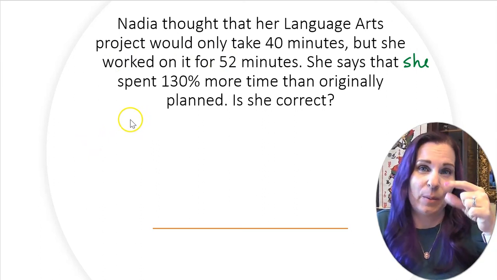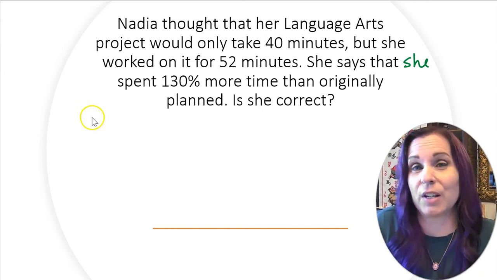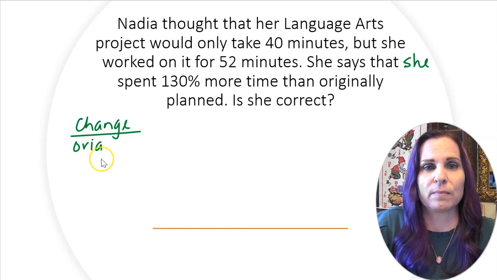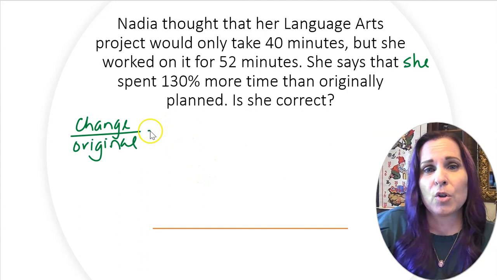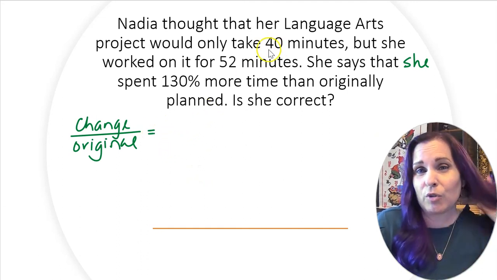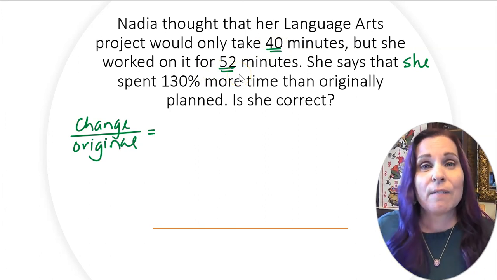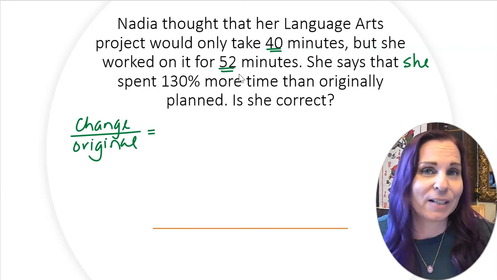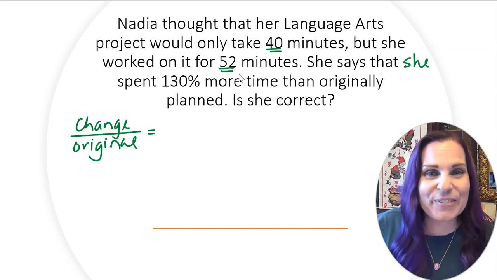We're going to find the amount of the change, right? This formula for percent of increase or decrease is going to be change over original, right? Change over original. So the amount of change here from 40 to 52, we would subtract those, right? 52 minus 40, I'll give you a minute, is 12.